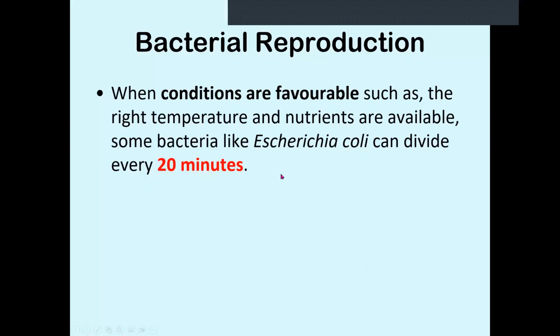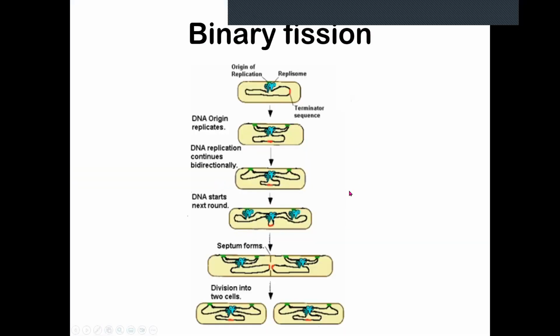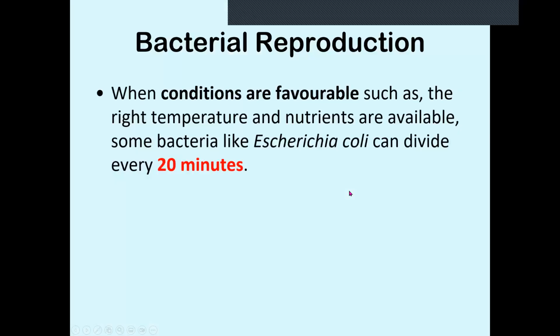Now, under ideal conditions, like the right temperature, the right nutrients, and so on, Escherichia coli, E. coli, that's one of the big ones that are in our gut, can divide every 20 minutes. So this process takes about 20 minutes with E. coli.